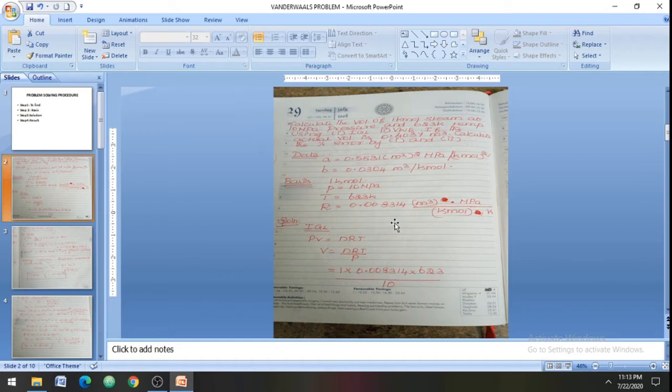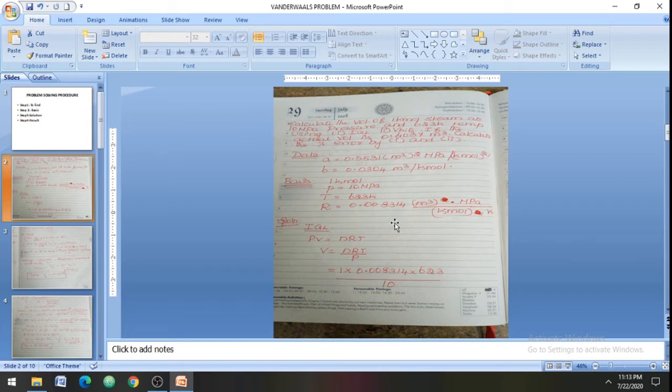Now we are going to discuss a Van der Waals equation problem. Calculate the volume of 1 kilomole steam at 10 megapascal pressure and 623 Kelvin temperature using, first, the ideal gas law, and second, the Van der Waals equation.